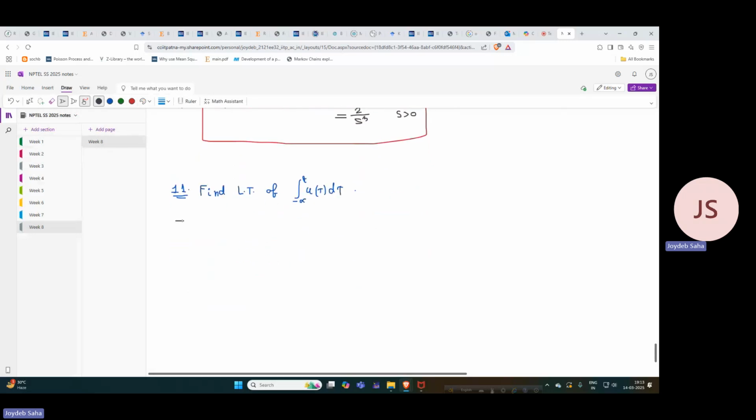So to solve this, we need the integration property.